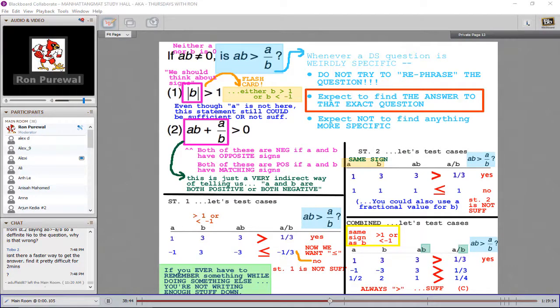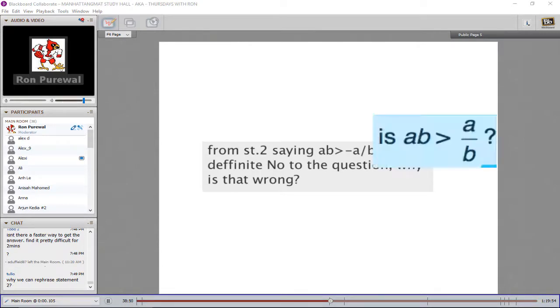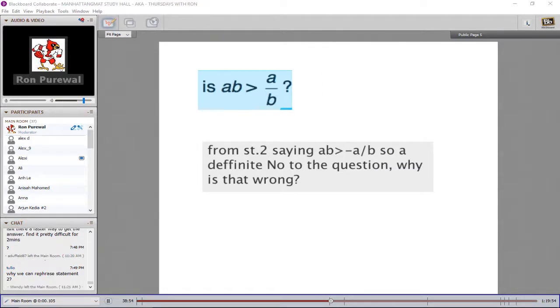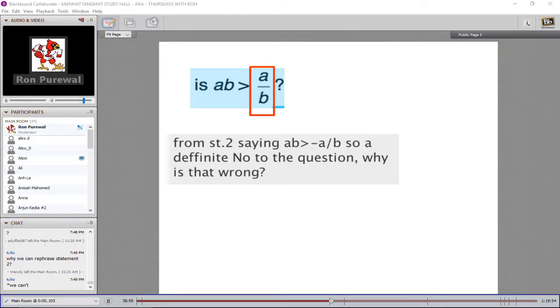The question was this. This was the question. And these are two completely different things. So this is not the same as this. So it's not a definite no to the question.